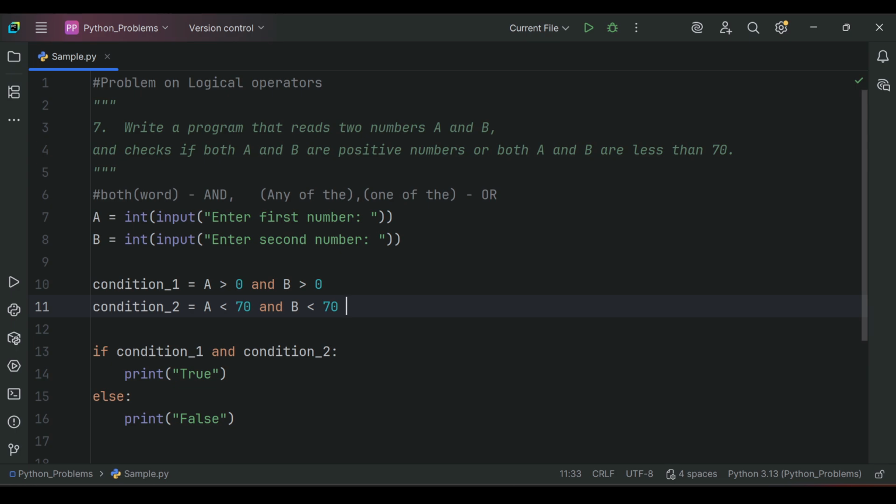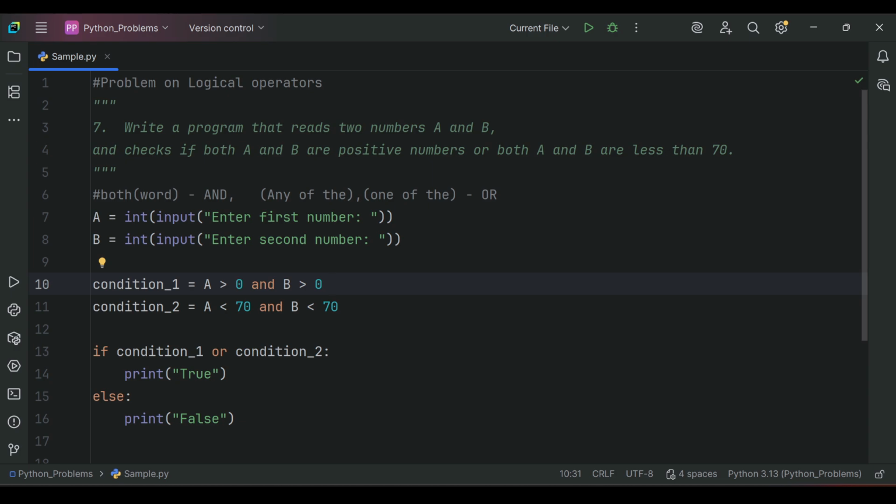Now what is the final condition? Up to here, this is the first condition and this is the second condition. The final is condition 1 or condition 2. Here true and true becomes true, and here also true and true becomes true.